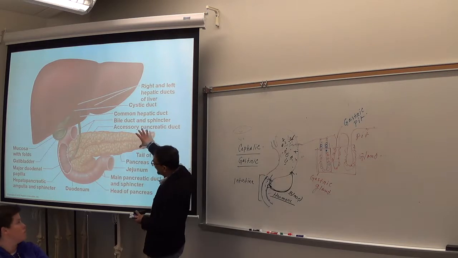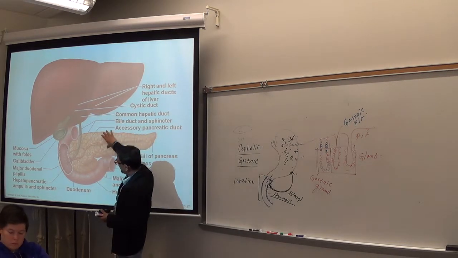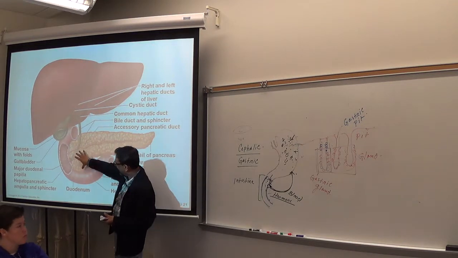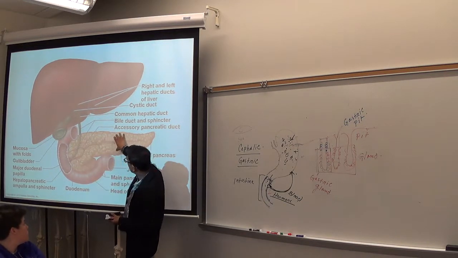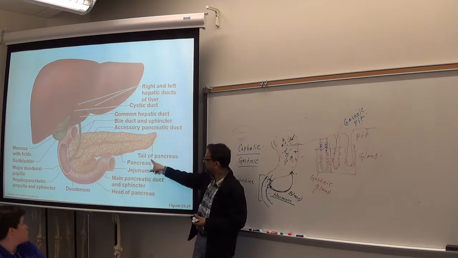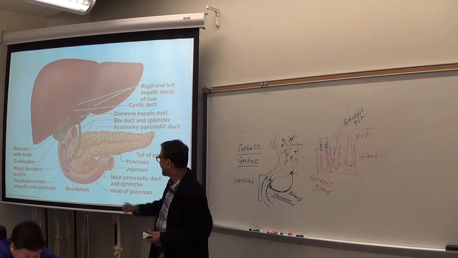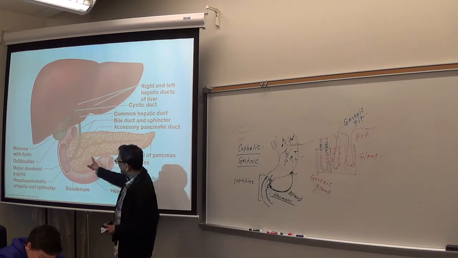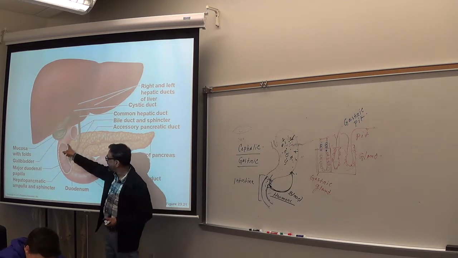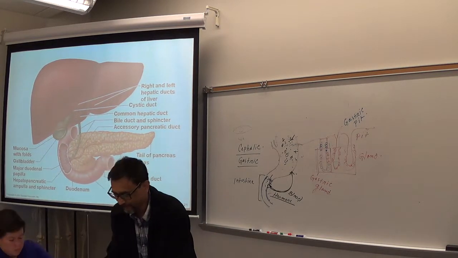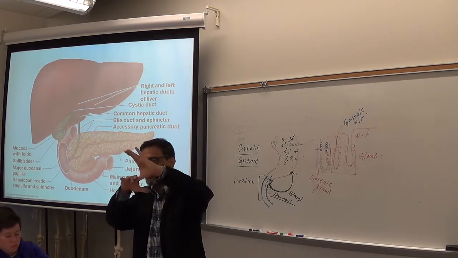Now, if we see the pancreas, you see the pancreas has a head part, body part, and what? Tail. Okay? So it has a head, body, and tail. Make sense? Now see, the head part of the pancreas very nicely fits into the curve of the small intestine.